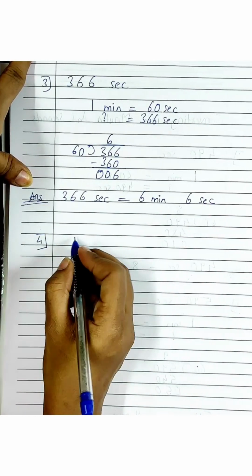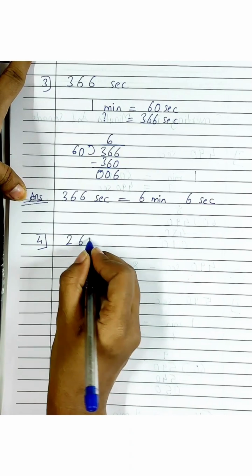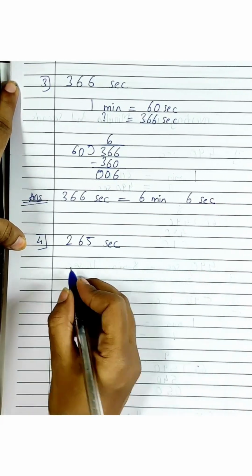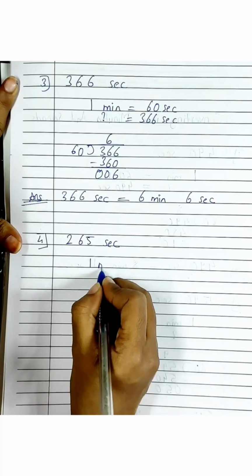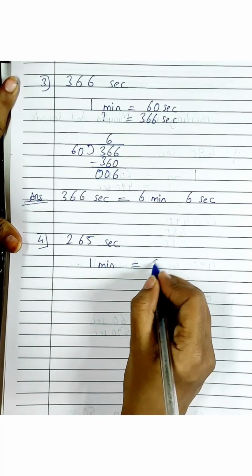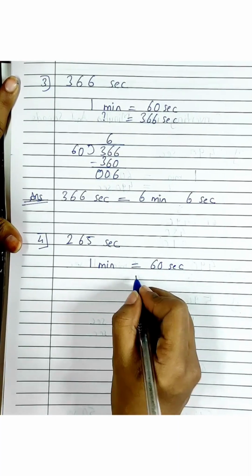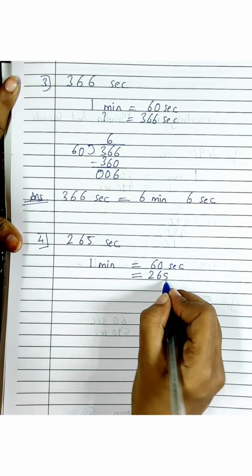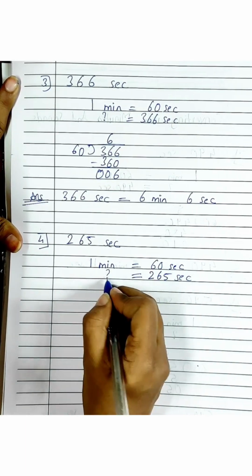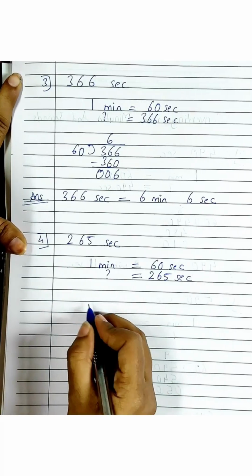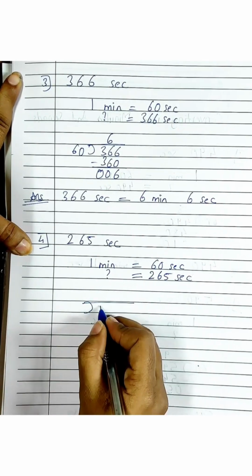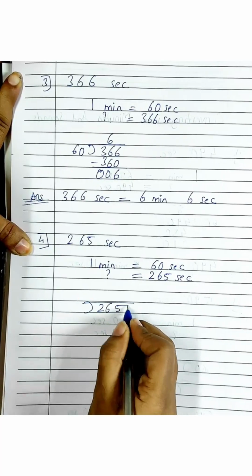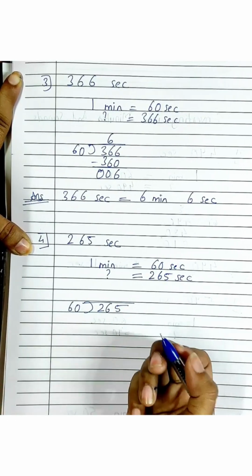Fourth example, 265 seconds. Yes? Again, in 1 minute, there are 60 seconds. So in 265 seconds, how many minutes are there? So you have to divide 265 by 60.